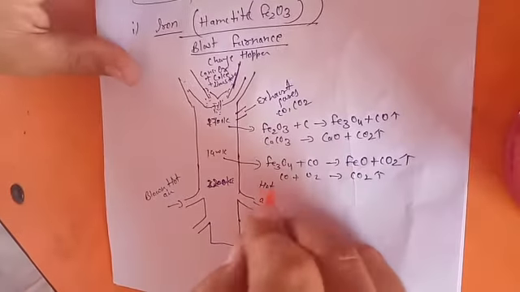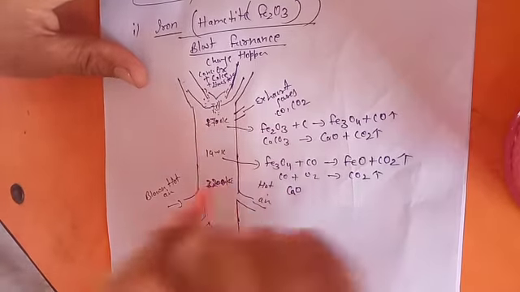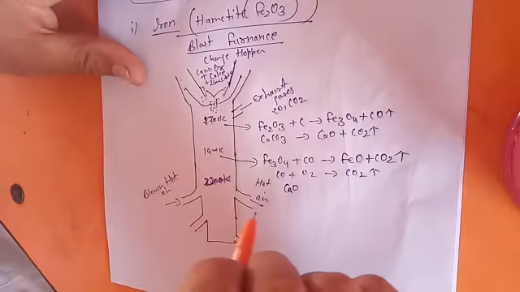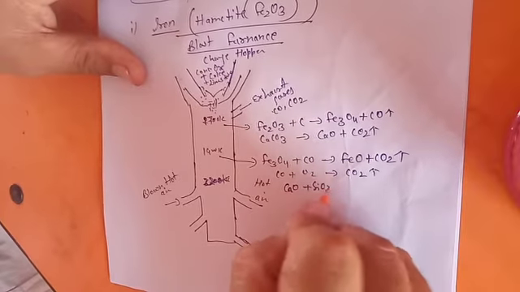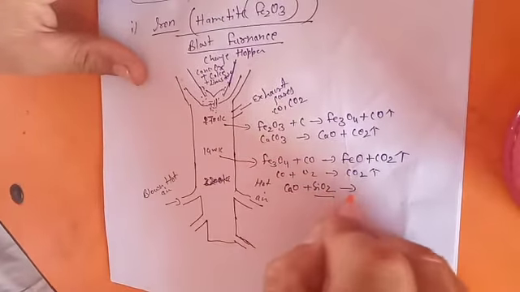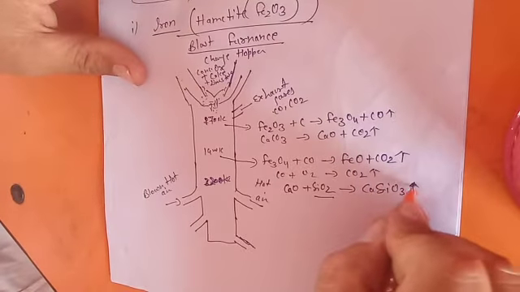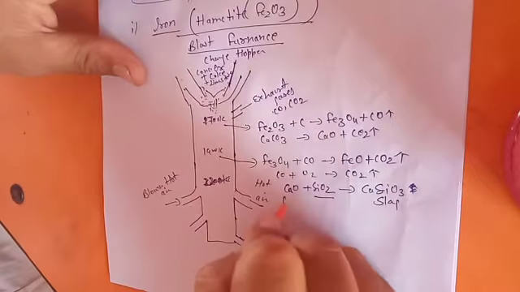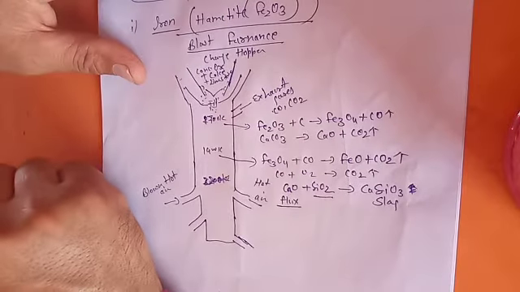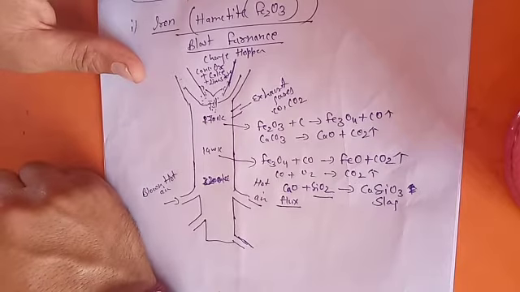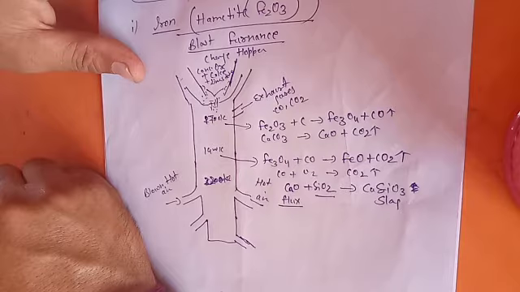Now the purpose of the limestone: it gives calcium oxide, and if impurities like silica are present, the calcium oxide combines with them and gives calcium silicate, which acts as slag. So the limestone serves as a flux to remove the impurities, particularly silica, left behind after concentration.